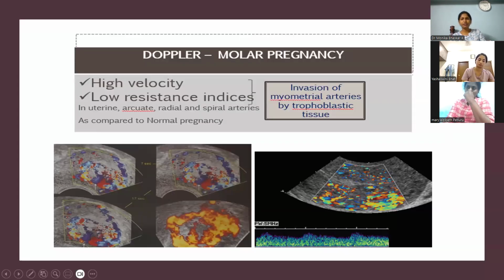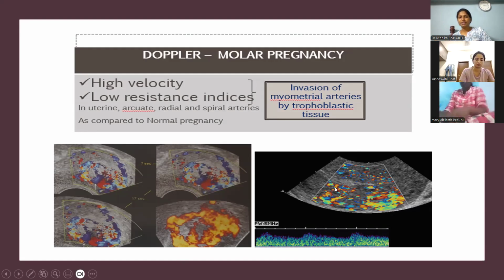And as I already told, on Doppler, there will be high velocity and low resistance index. So the pulsatility index and resistance index will be low, mainly because of the increased vascularity and neovascularization inside the trophoblastic tissue. In this, you can see so much vascularity. The entire products inside the uterus are highly vascular.